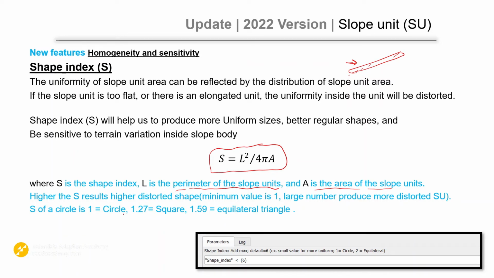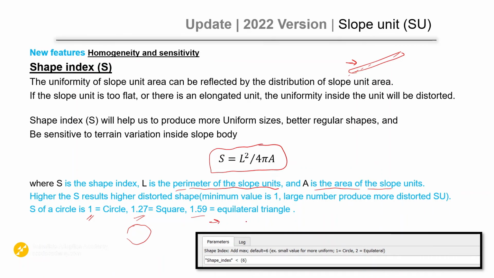If the shape index, in the perfect case, reaches 1, this is represented by a circle. So the circle has a shape index value of 1. Once the shape gets a bit more deformed, the shape index gets higher. So the square is 1.27 and the equilateral triangle is 1.6, and then the number will go on.